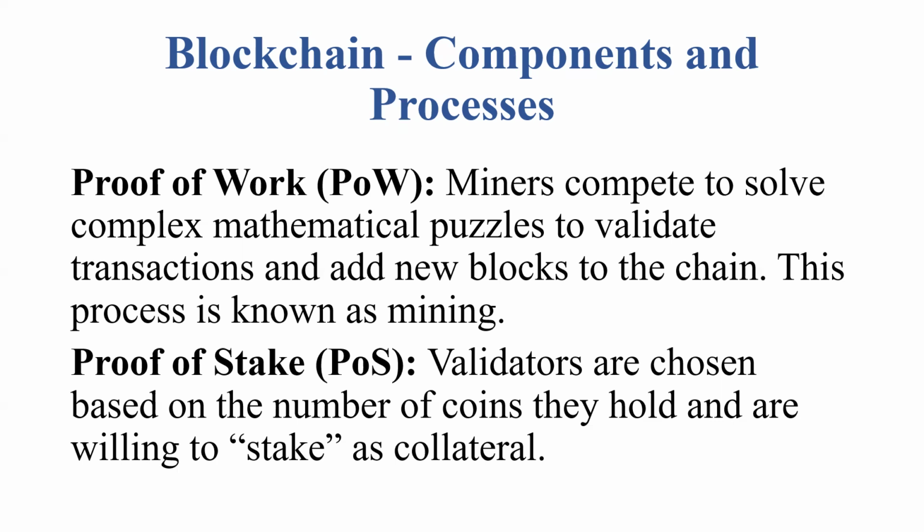Now, let's compare proof of stake and proof of work. Proof of stake has a couple of benefits over the proof of work. First is energy efficiency. There's no need for massive computational power, which is required by proof of work.